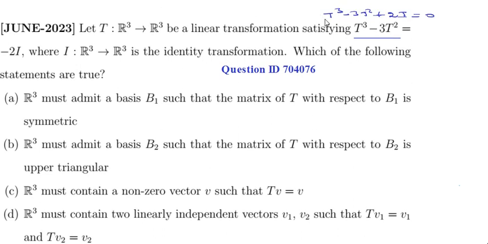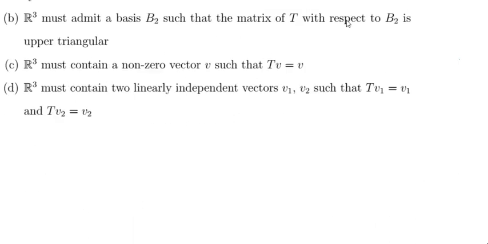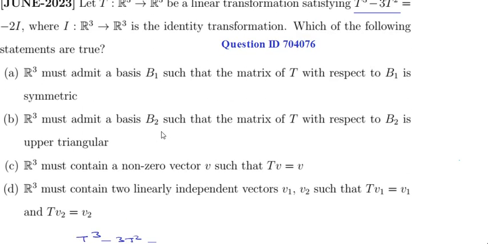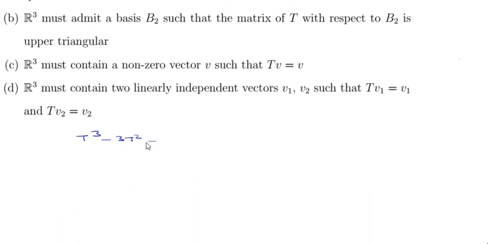Given that T is a transformation satisfying this polynomial, let's write the polynomial. It is x cube minus 3x square plus 2 equal to 0. So let us find the roots of this. We can easily see that x equal to 1 is a root.